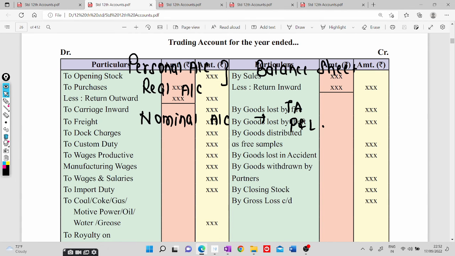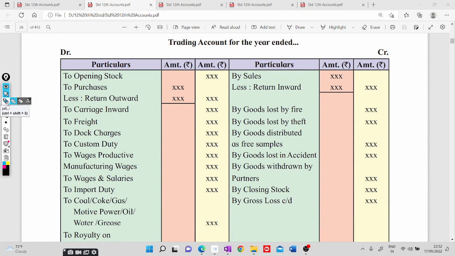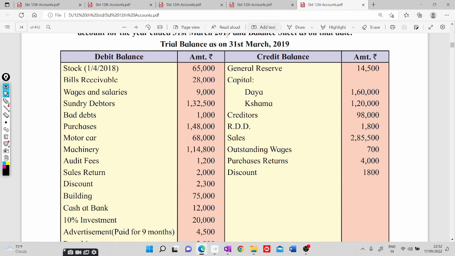So in this way, we have to first identify all these ledgers. Here you can see the trial balance given and the various ledgers.